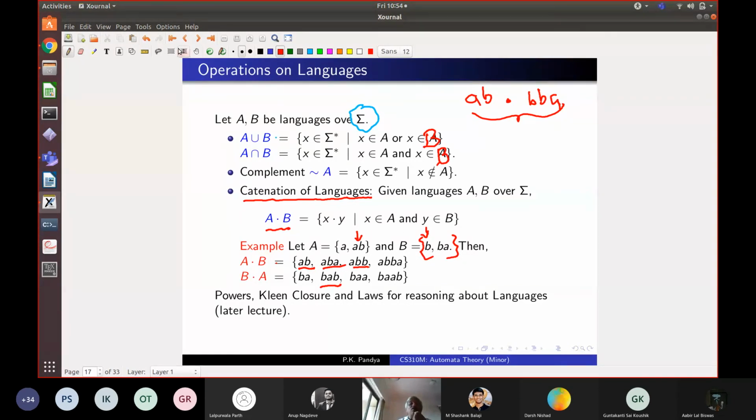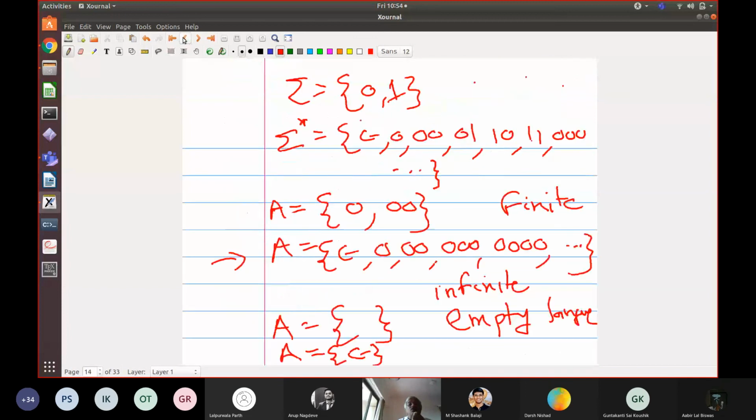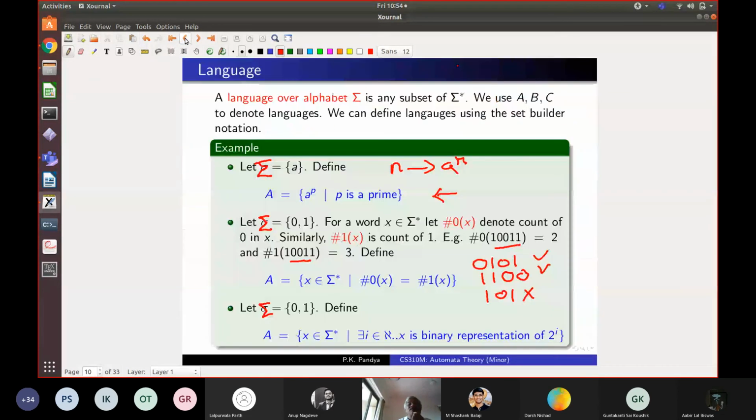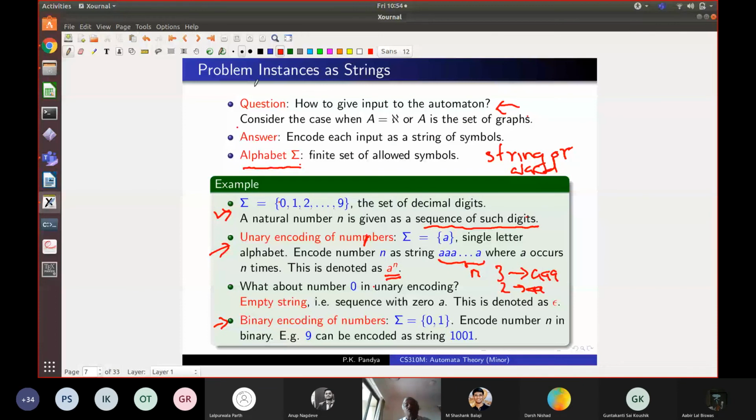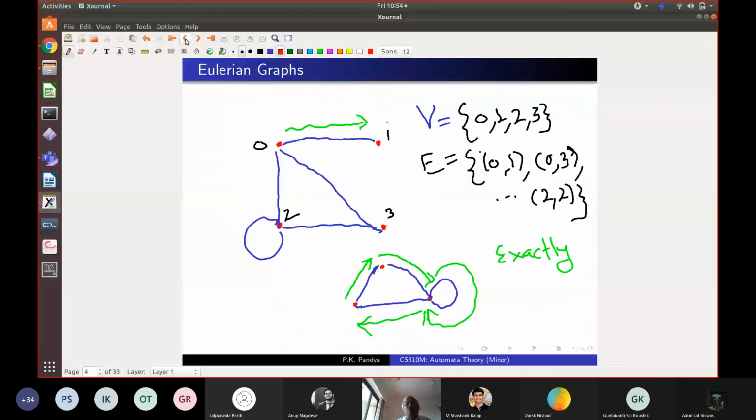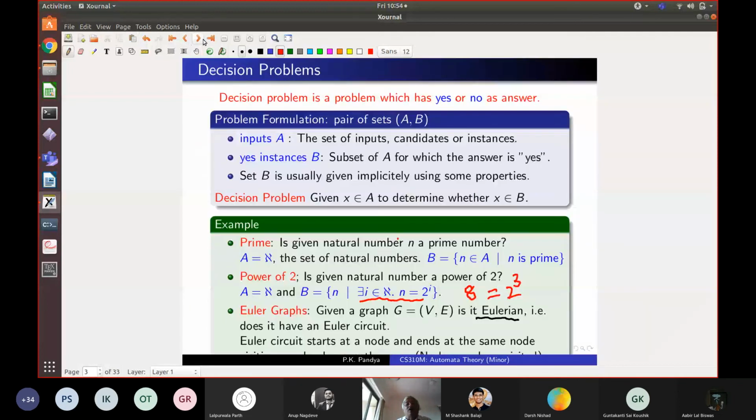So what we have done today is we have understood the notion of languages abstractly. We have understood the notion of decision problems. So decision problems are problems with yes, no answers, but they are given with abstract inputs like integers or graphs.